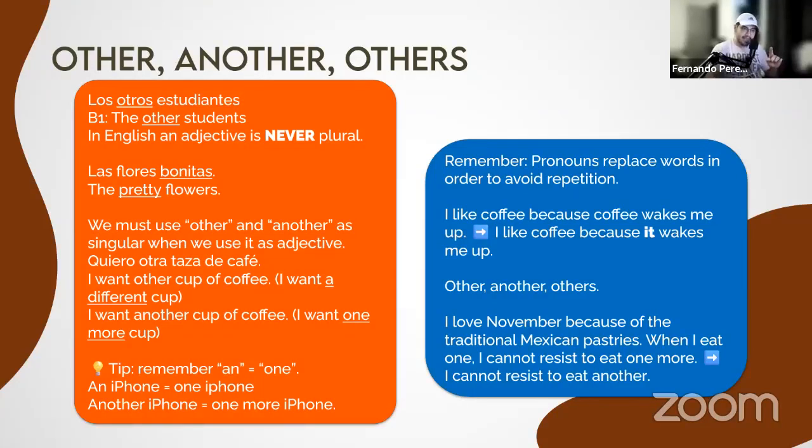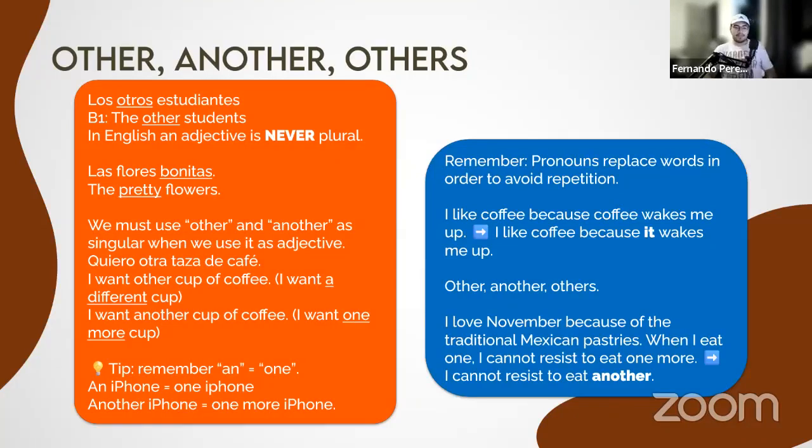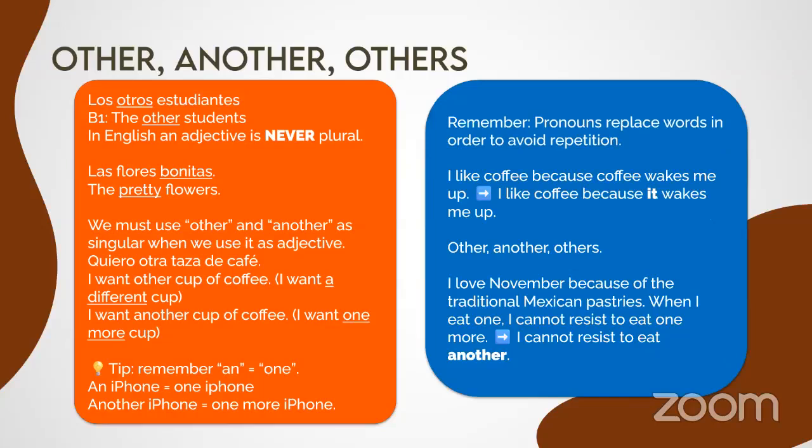In this case, another is a pronoun because it's replacing one more to avoid repetition. If you feel the necessity to say one more, better say another.